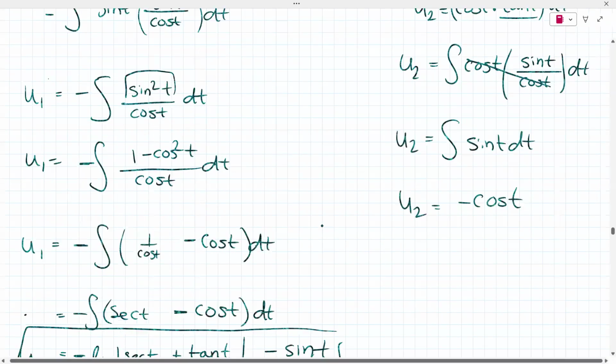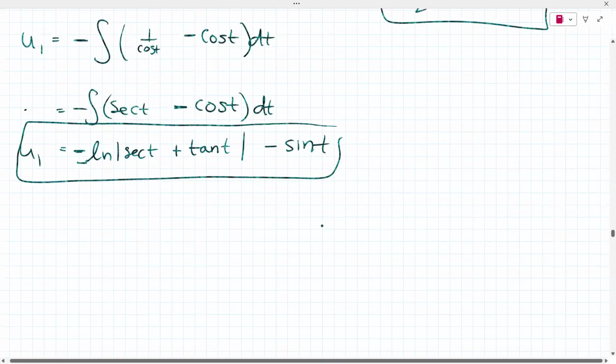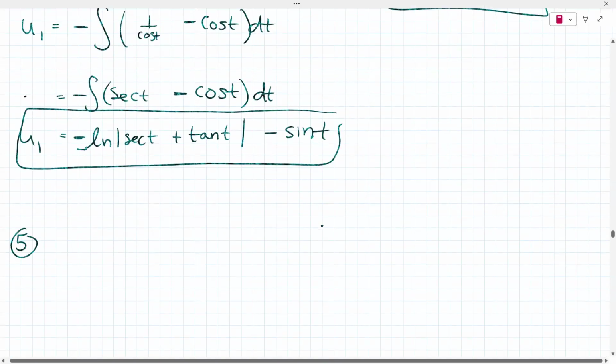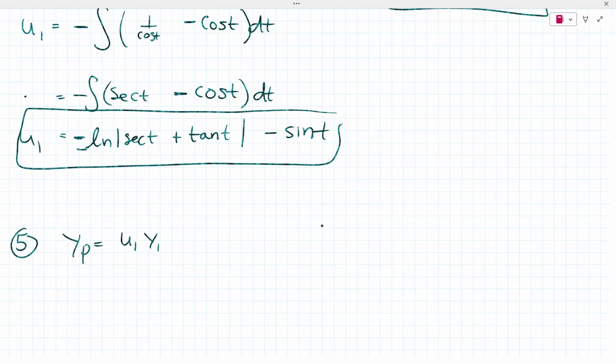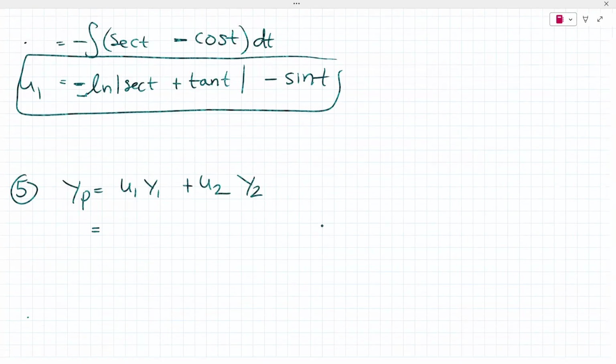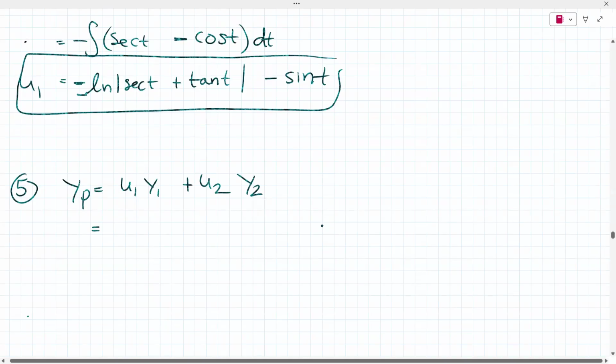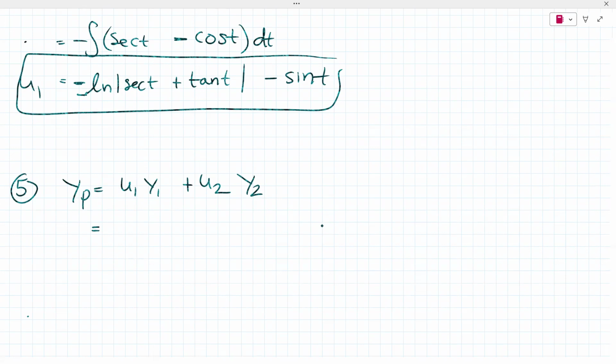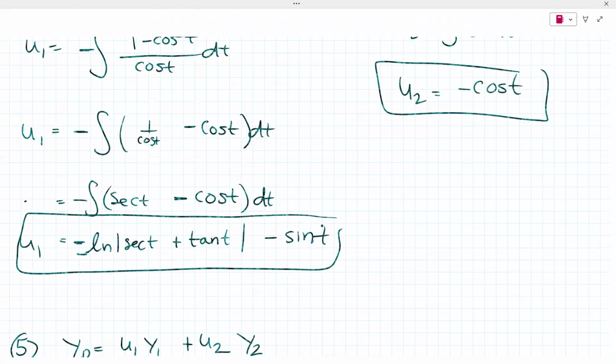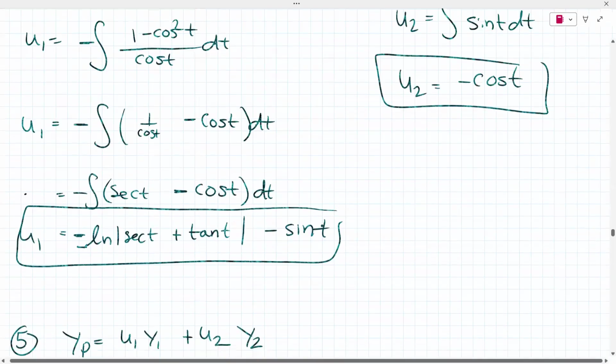So we need this, and we're going to need my u1. Step 5, find my yp. My yp is u1 y1 plus u2 y2. My u1 is this whole thing, times my y1, which is cosine of t, and my u2 is negative cosine of t, and my y2 is sine of t.